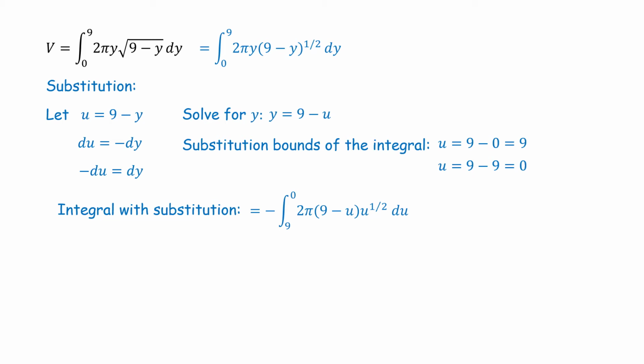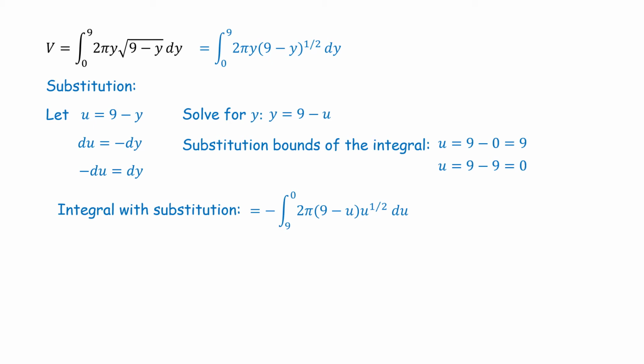We're going to go from 9 to 0, 2 pi, where y was, with respect to u, that'll be 9 minus u, and where 9 minus y was raised to the 1/2, we let u equal 9 minus y. So the 9 minus y to the 1/2 becomes u to the 1/2 du.